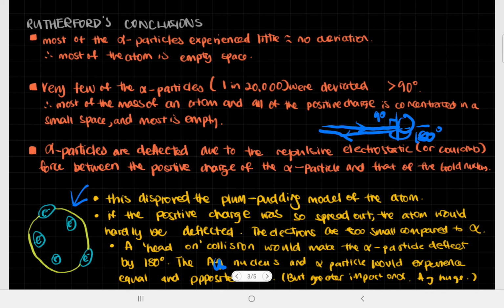An alpha particle consists of 4 nucleons, and that's basically just 2 neutrons and 2 protons. So in comparison, it's absolutely tiny, and therefore, by the law of momentum, its own path would be distorted way more than the nucleus of gold.